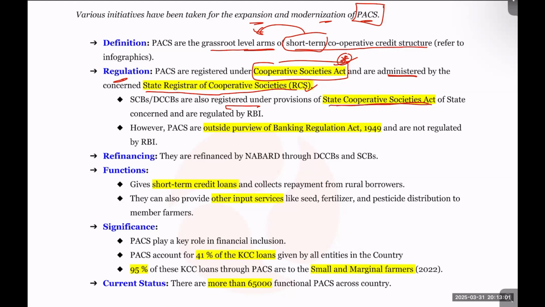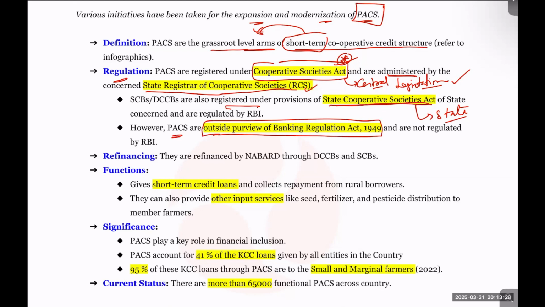So this Cooperative Societies Act is a central legislation. Not only with respect to the center, they should also be registered with the state. So there are two levels of regulation, state level as well as central level, for these primary agriculture credit societies. However, primary agriculture societies are outside the purview of the Banking Regulation Act.